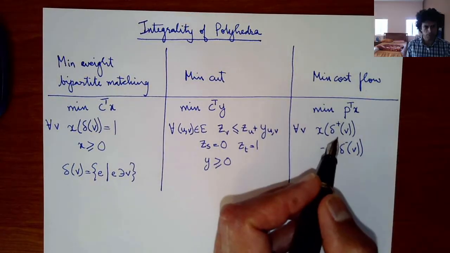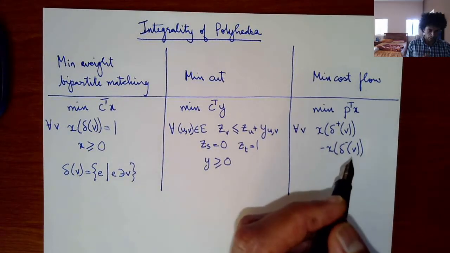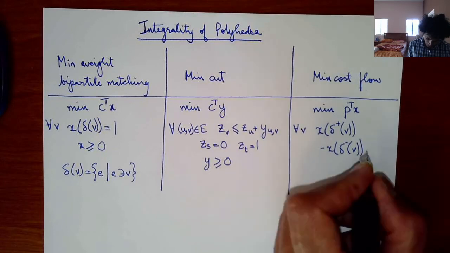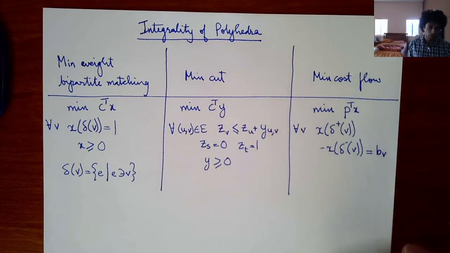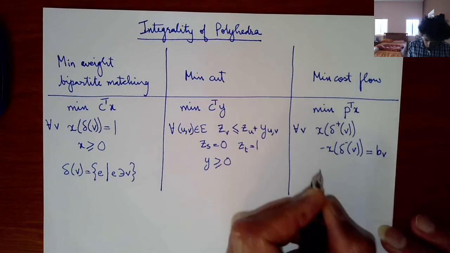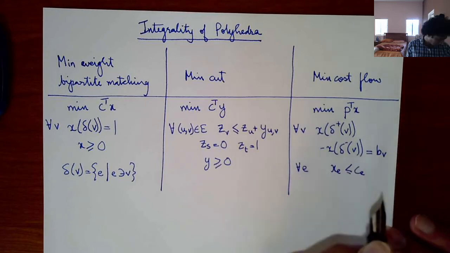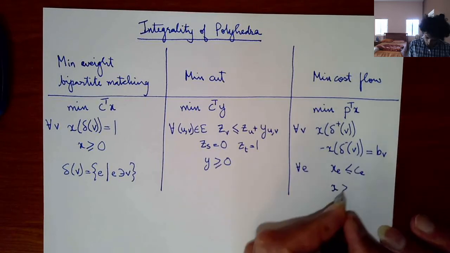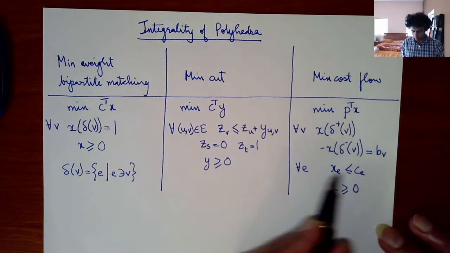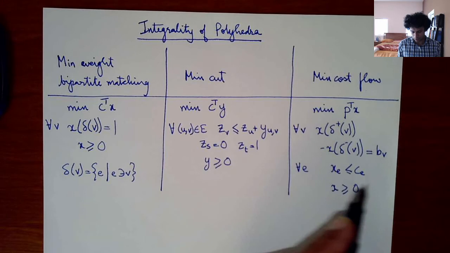Delta plus(v) are the edges leaving v, and delta minus(v) are the edges going into v. This was equal to b_v, the demand. And then for all e, x_e was at most some capacity, and x ≥ 0. In the transshipment problem, we did not have that last capacity constraint.